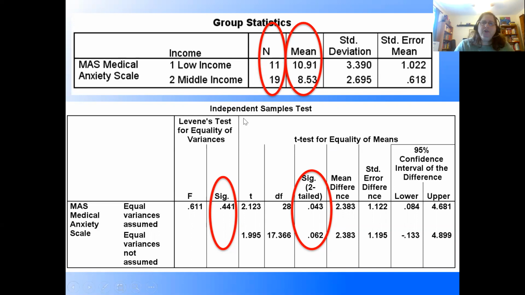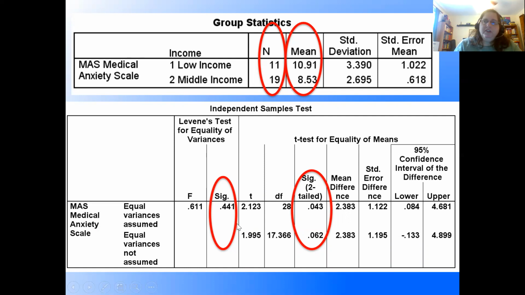Okay. If you're a little curious as to what this 0.441 is all about, it's telling you whether your variances are equal. Now, if you remember back to our assumptions for our t-test for independent samples, we said our variances were going to be equal, but that was an assumption we were making.